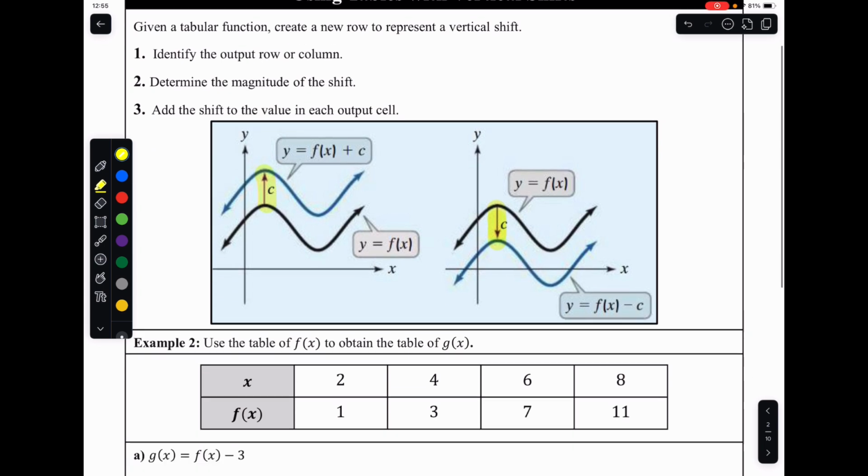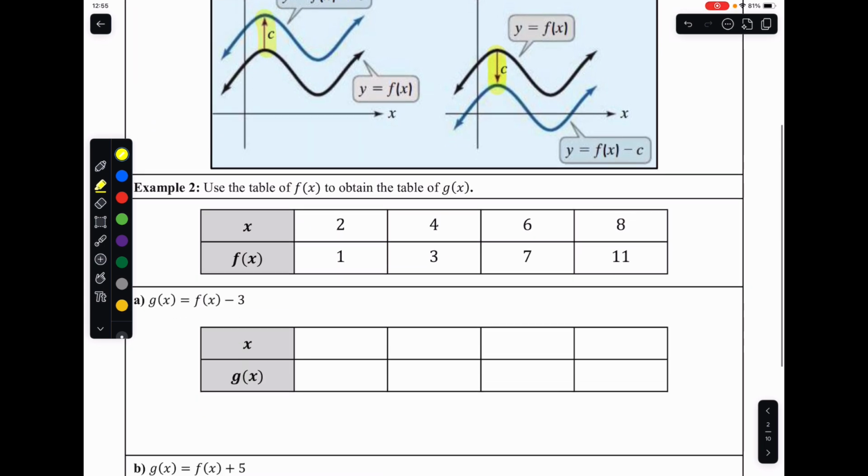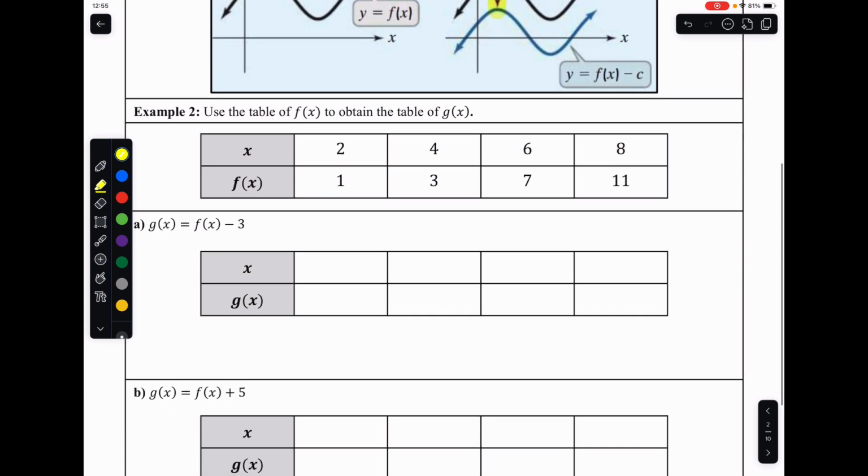So for example 2, let's say that the table represents this function f, and for part A, for question 2a here, we want to figure out what the table of g is if g equals f of x minus 3. This notation simply means that our x values are going to stay the same, but our y values will be subtracted by 3.